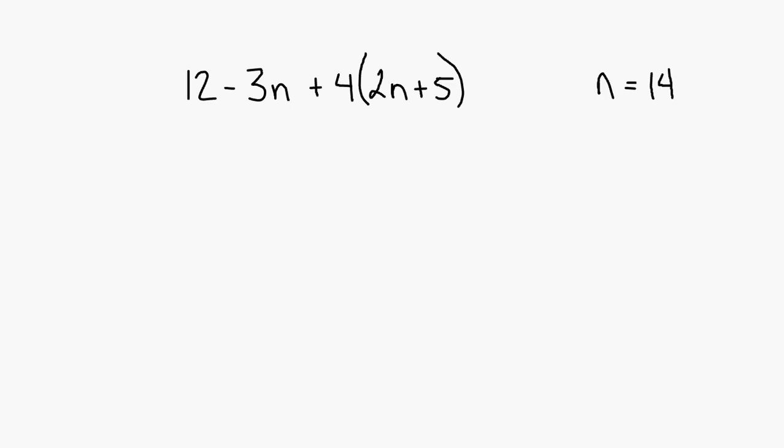Now, this is a problem just like yesterday. So when you see a number next to parentheses, that means you have to do the distributive property first. So you're going to rewrite the 12 minus 3n. And now you've got 4 times 2n, which is positive 8n, and 4 times 5, which is positive 20.